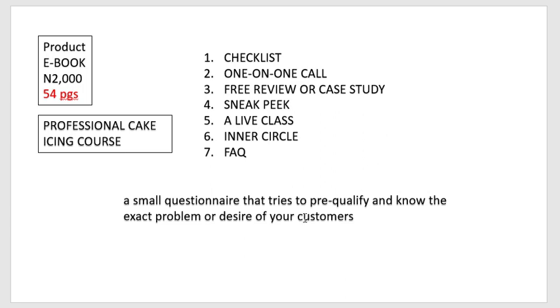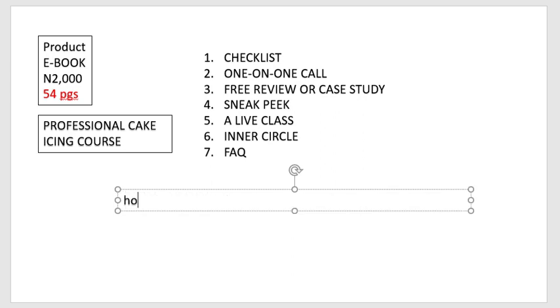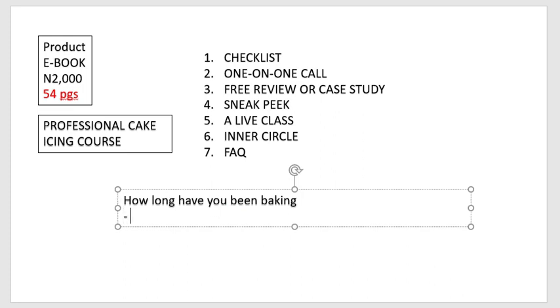So you could add a checklist to it. And what does it take to add a checklist? Just your Microsoft Word. You just put these questions down. So for the cake icing course, the questions you could ask: How long have you been baking? Then you can also ask, what do you use for your icing?